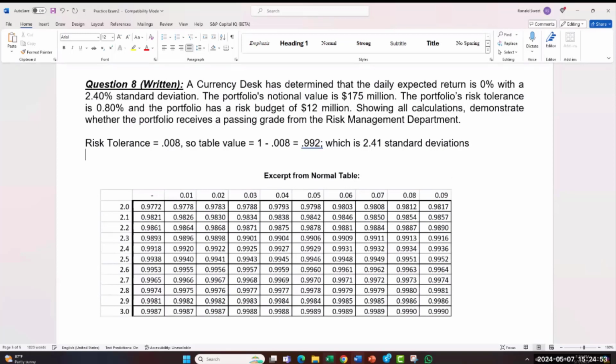And the next thing you need is just your value at risk. Your value at risk equals the mean minus the number of standard deviations times your standard deviation.